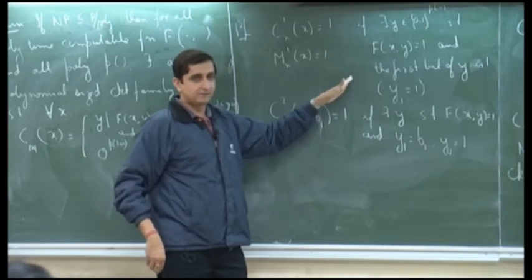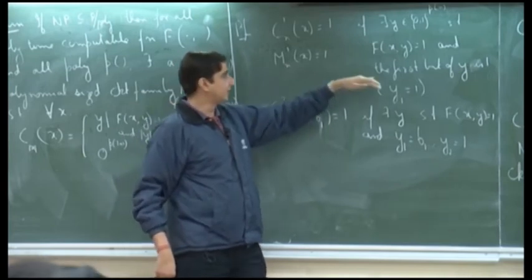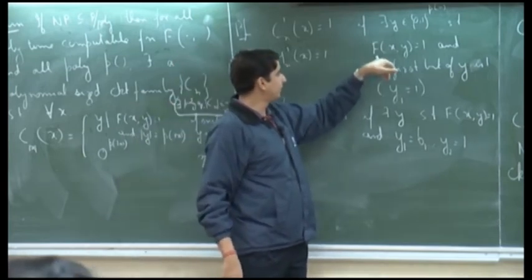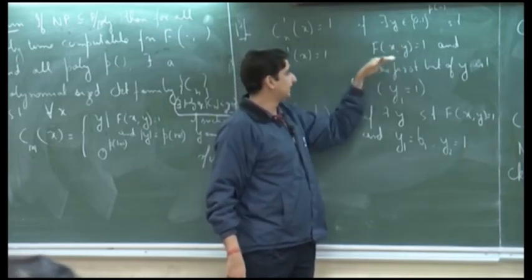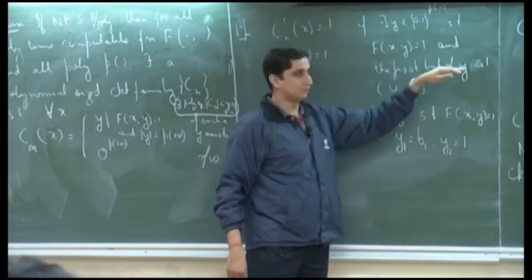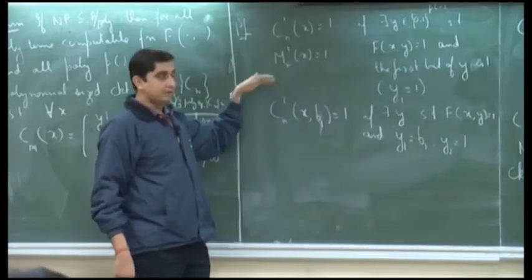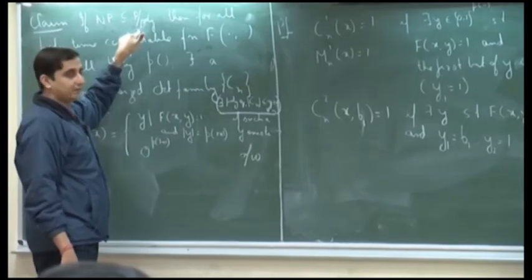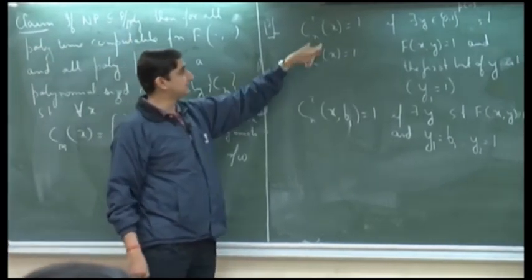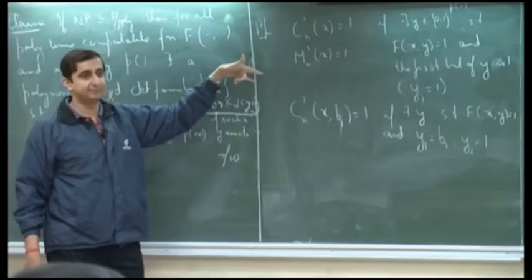Is that clear? Right, because f is a polynomial time computable function. The machine just guesses y and verifies whether f of x y is 1 and the first bit of y is 1. Now since NP is contained in P slash poly, for such a machine there is a circuit which does that same thing.